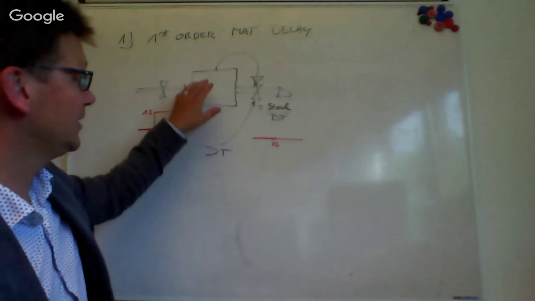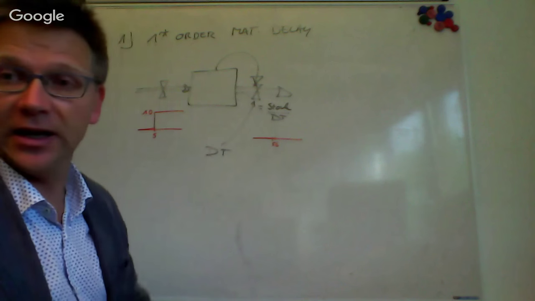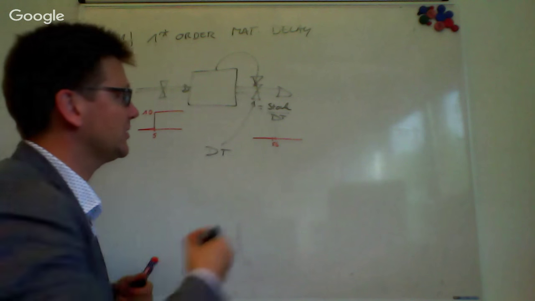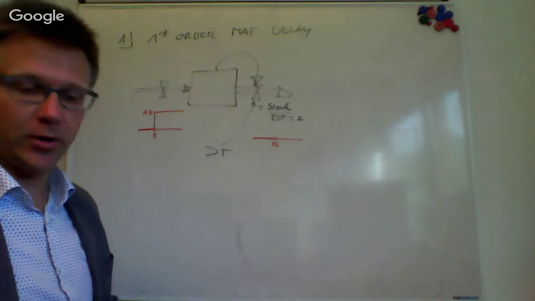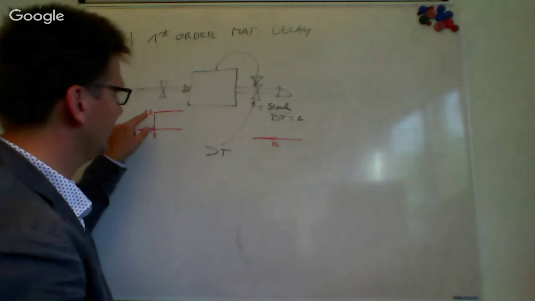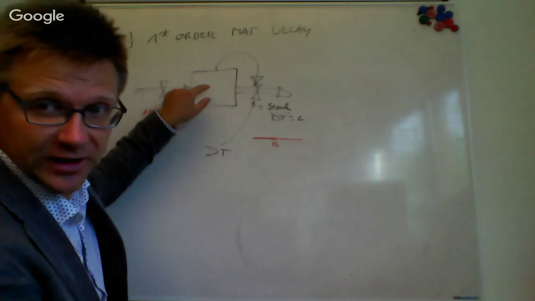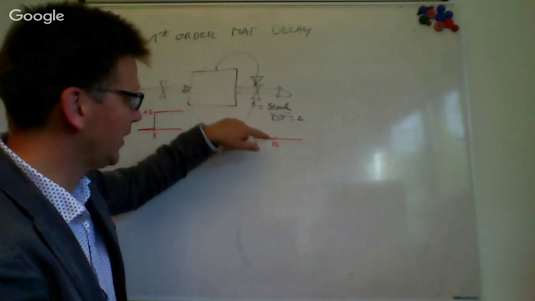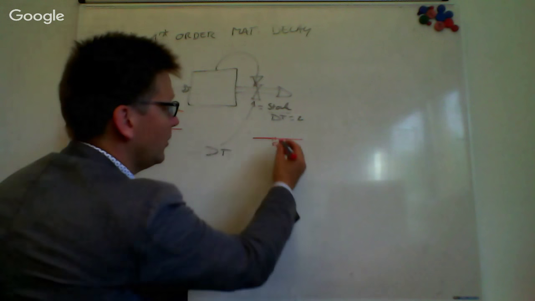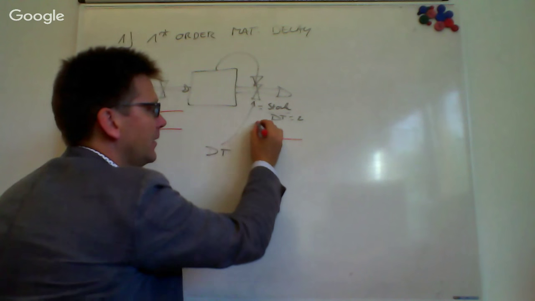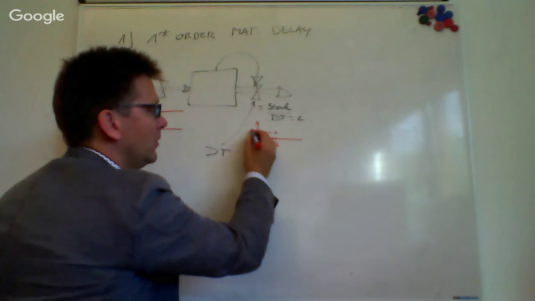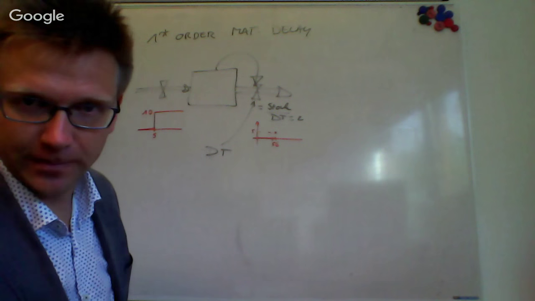What? Well, the stock value divided by the delay time. Say, for instance, the delay time is 2. Then what will flow out of this system is 10, which was entered in step 5, divided by 2. So here we will have the value 5 flowing out of our system.